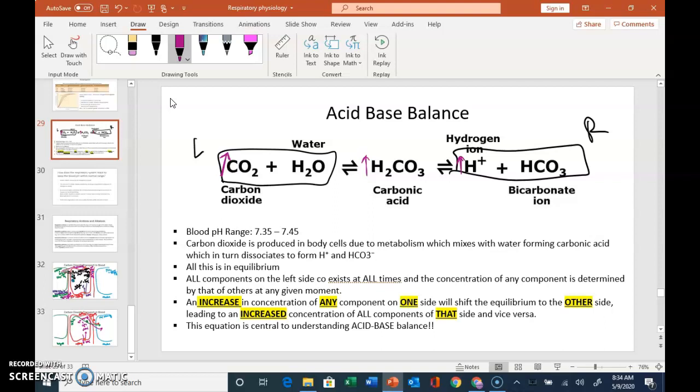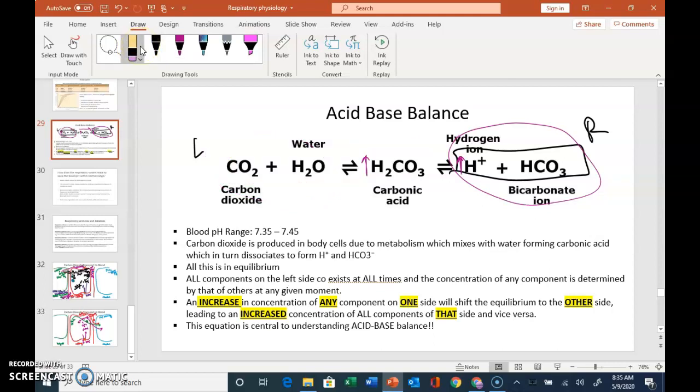Do you see that? So what do we see here? An increase in concentration on this side shifts the equilibrium to this side. So an increase in carbon dioxide ultimately shifts the equilibrium to the right, and we see an increased concentration of hydrogen ion. Good, makes sense.